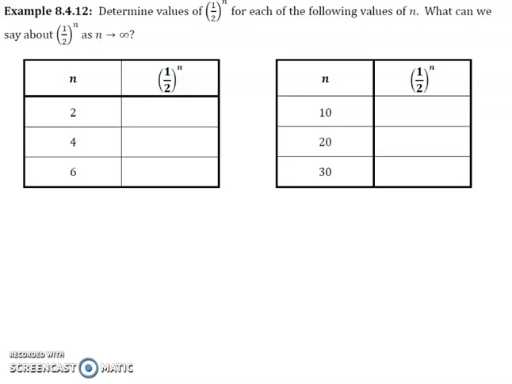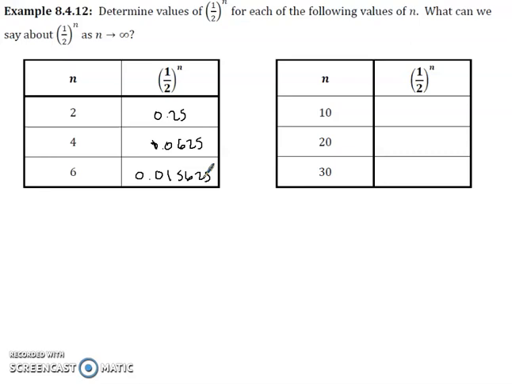In example 8.4.12, I'd like to look at what happens to our series as we continue on when we are multiplying by values of 1/2. So if n is 2, then 1/2 to the power of n is 1/4, or 0.25. To the power of 4 is 0.0625. To the power of 6, we've got 0.015625.